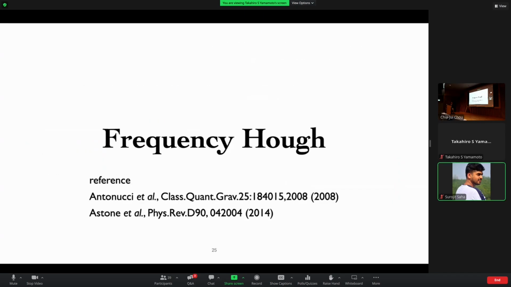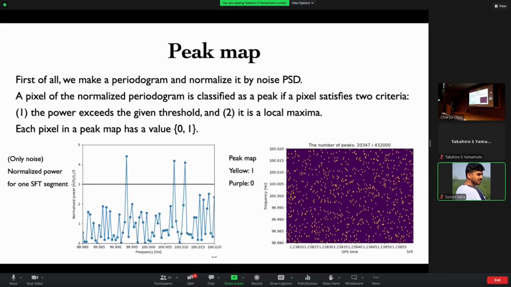The second one is the frequency Hough, and the starting point of this technique is making a peak map from the periodogram of the strain data. So here I show the power of the Fourier transform of only one SFT segment, and here I plot the threshold.